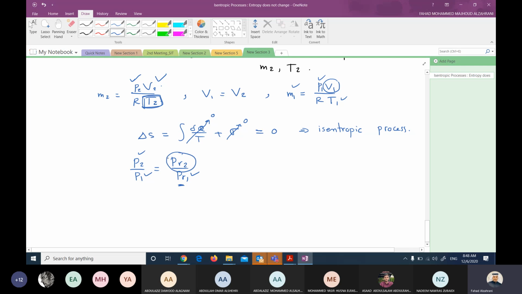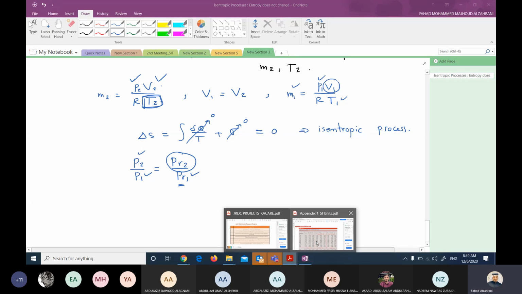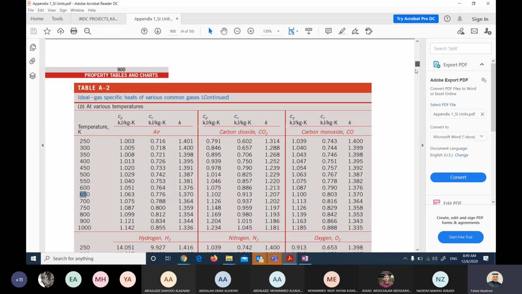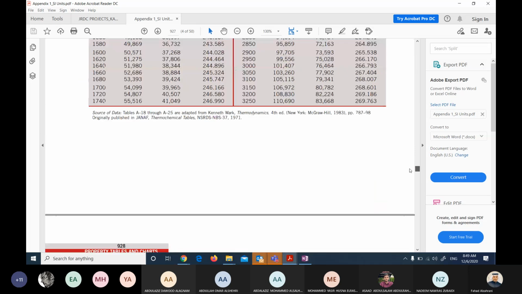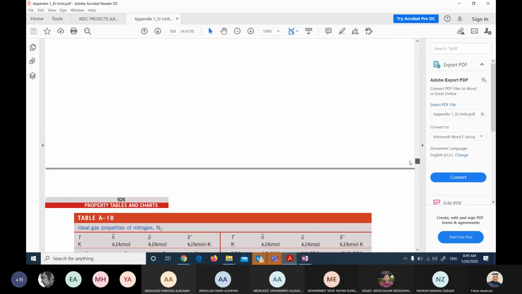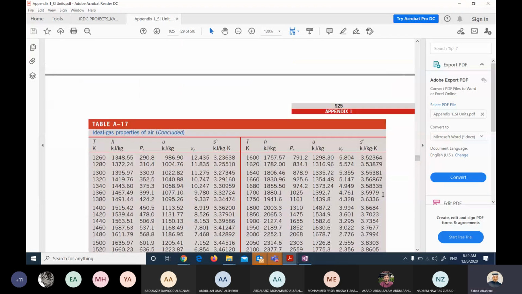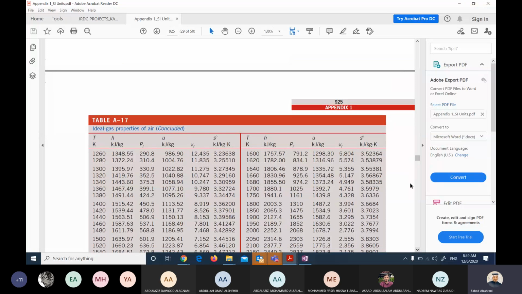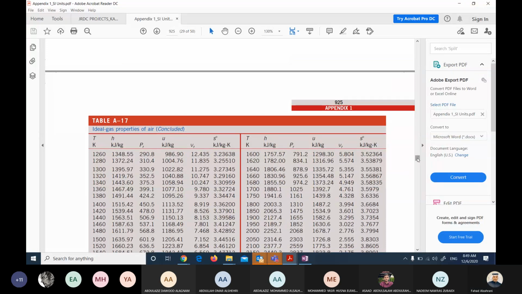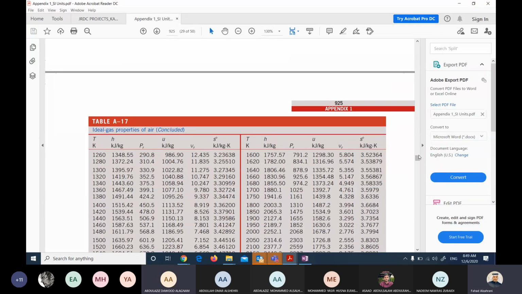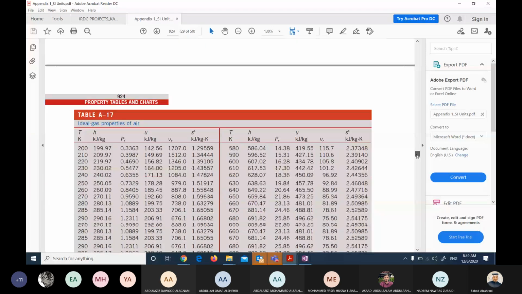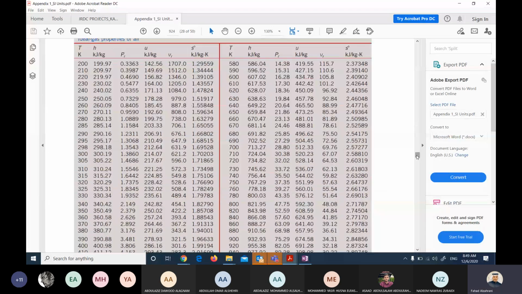So what am I missing? PR2. Here is the table A17.